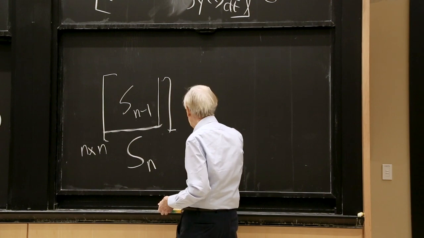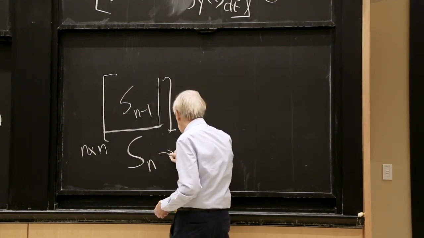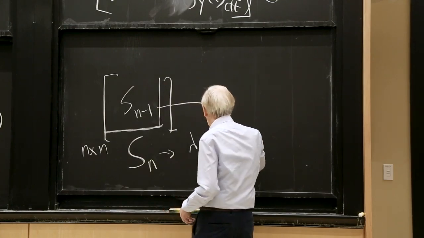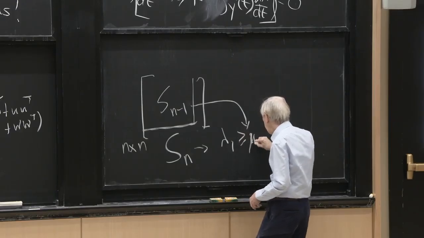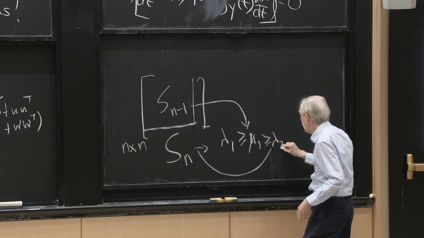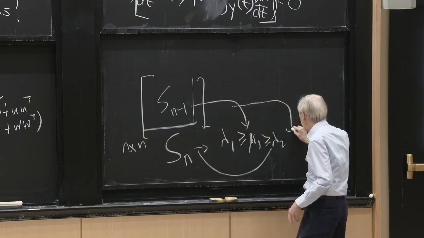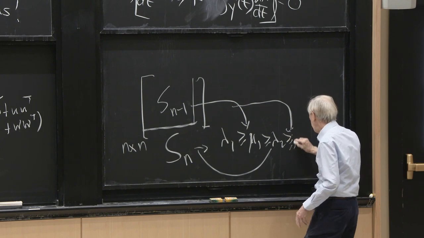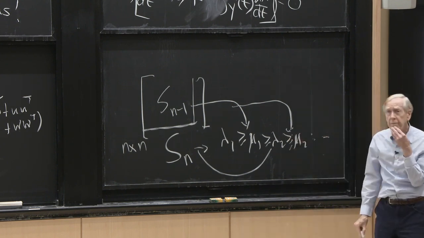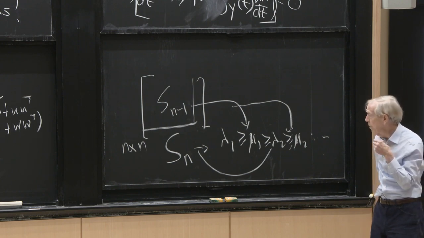So this has eigenvalue lambda 1, and this would have an eigenvalue smaller than that. This would have an eigenvalue lambda 2, and this would have an eigenvalue smaller than that, and so on. Just the same interlacing, and basically for the same reason.